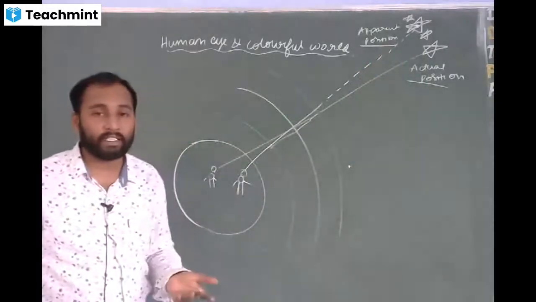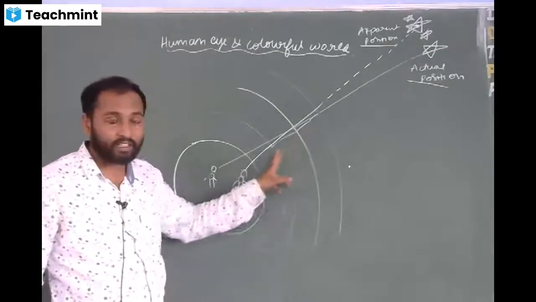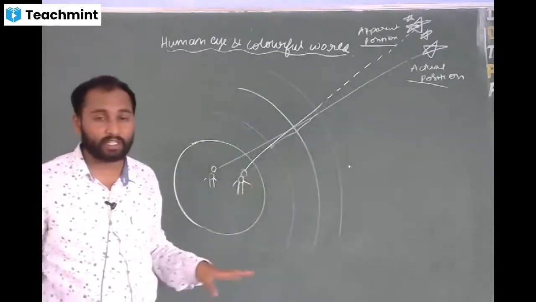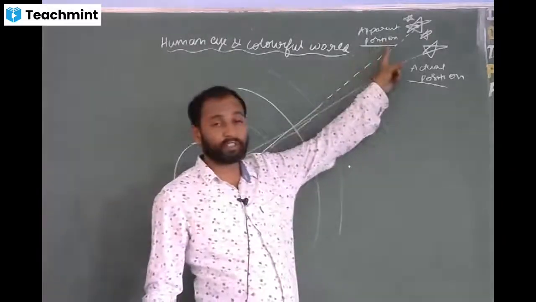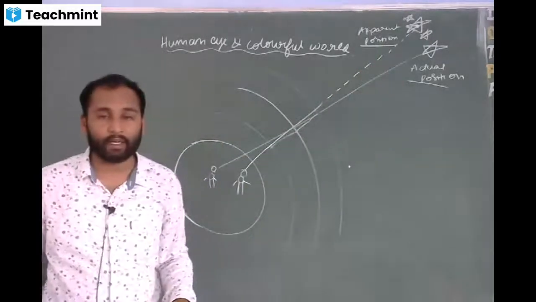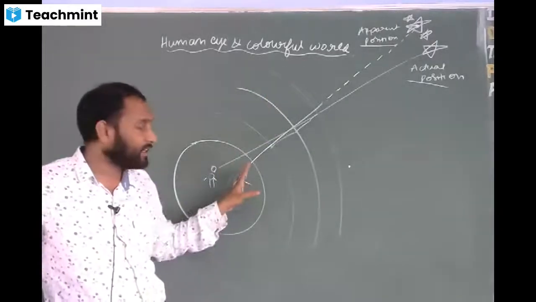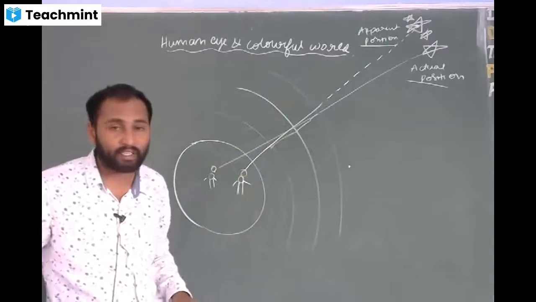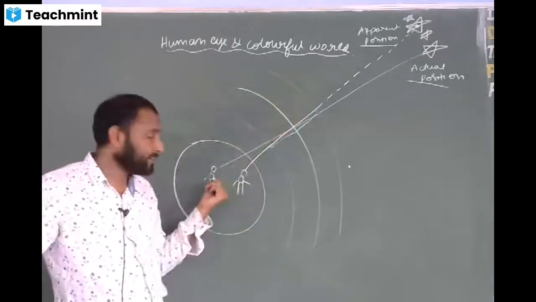This apparent position of the star is not stationary. It keeps on changing. Why? Because the physical condition of the Earth's atmosphere is not stationary. Since the stars are very far away from the Earth, we consider a star as a point-sized source.